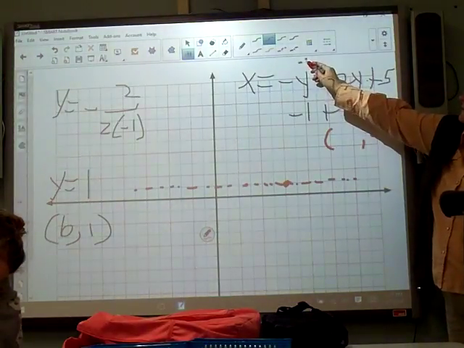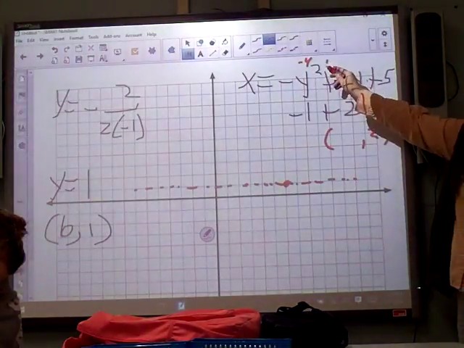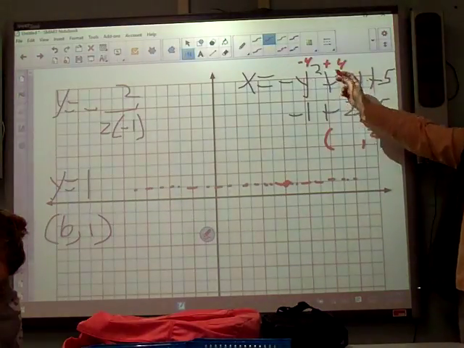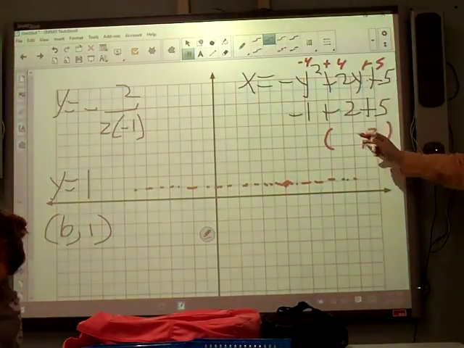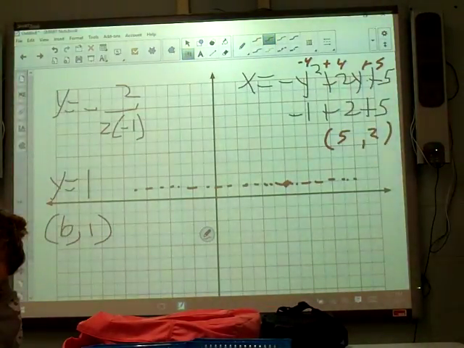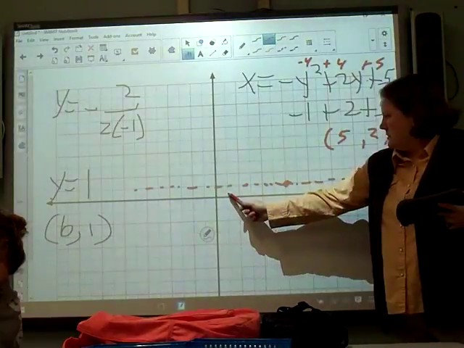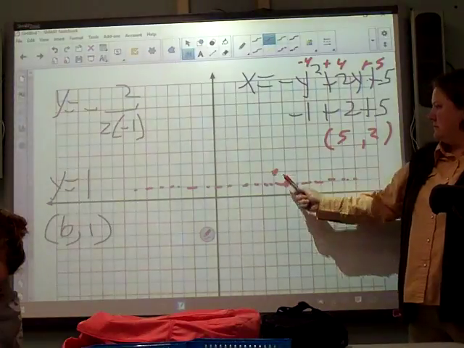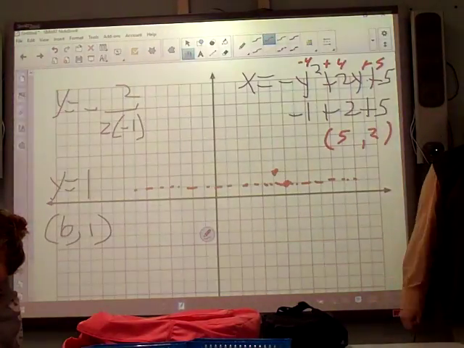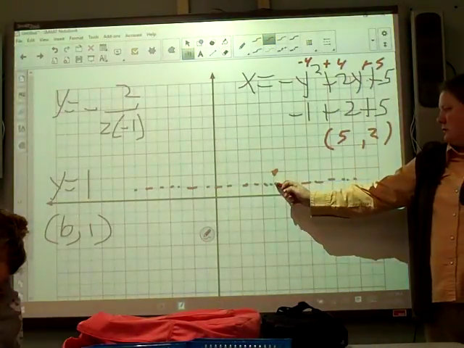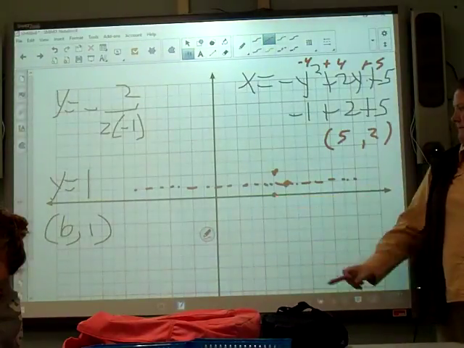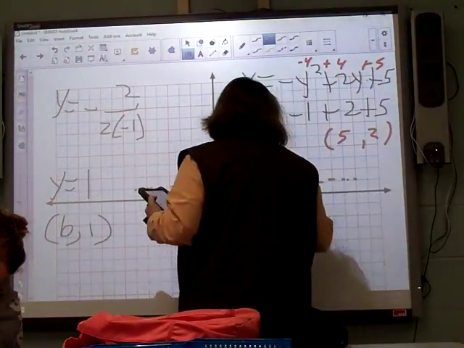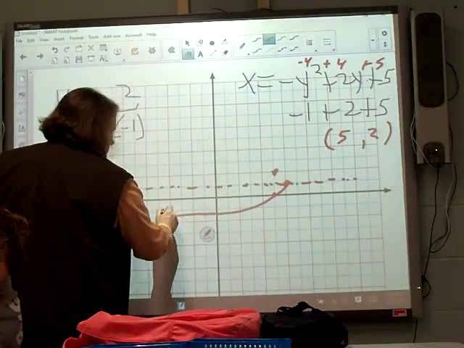Right up here, 2 times 2 is 4, so that cancels. And then plus 5, so 5, 2 would be on our parabola. So 1, 2, 3, 4, 5, 1, 2. Okay, flip that, put it on the other side of the axis of symmetry. It's 1 away, so I go 1 away on the other side. Looky there, there's a horizontal parabola.